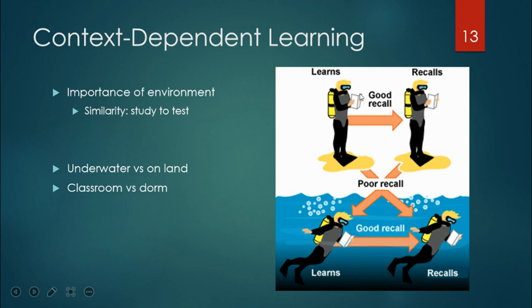They did poorly if the study environment and the test environment differed. So if they studied on land and then tested underwater, they did poorly. If they studied underwater and then tested on land, they also did poorly. So this is kind of an extreme example, but the more similar your environment is in the study phase as it is to the test phase, in general, the better you are going to do on that recall test.